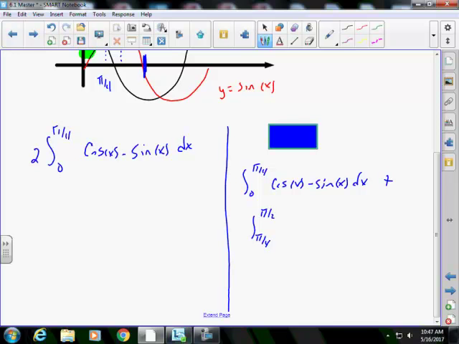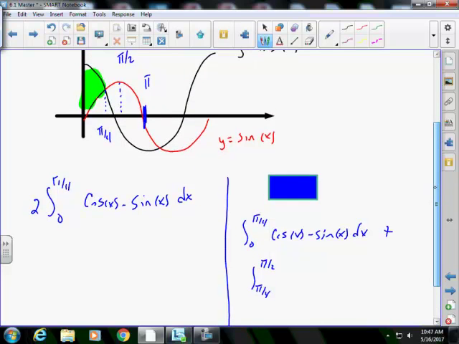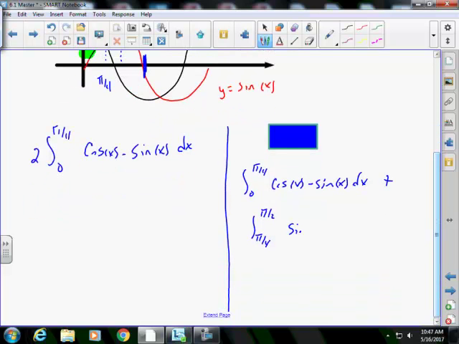But then I have to switch them, because sine of x is on top. So now I have to go from sine of x minus the cosine of x dx. Well, I'd rather just integrate once and then just double my value, so I'm going to do what I have on the left-hand side. I get 2.